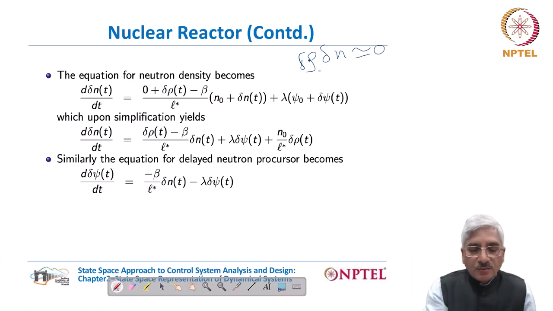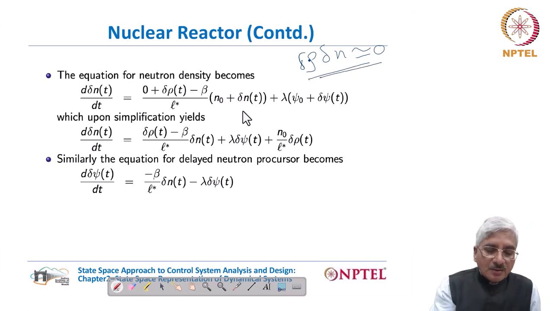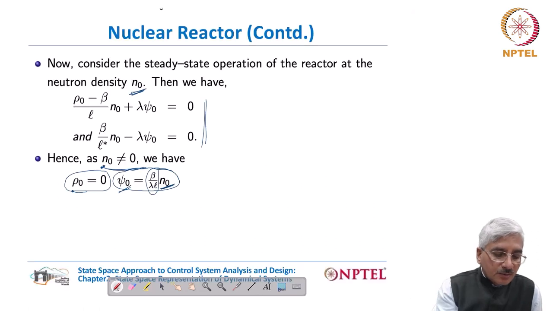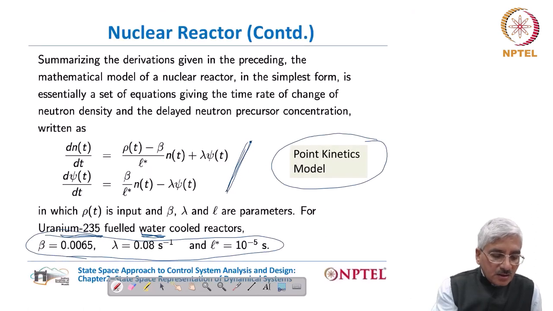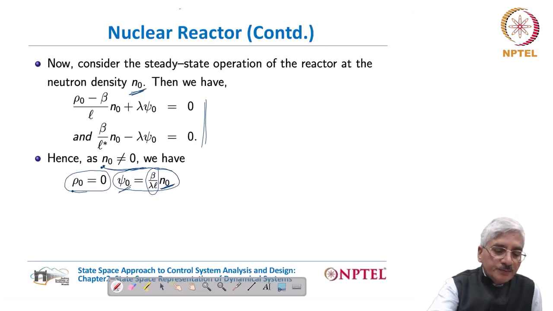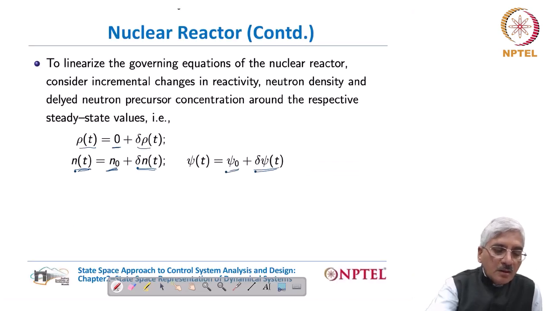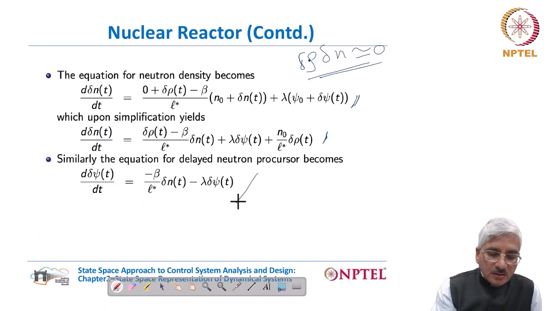So then this can be simplified as this, and the other equation, the delayed neutron precursor concentration equation, which was here, can be simplified as this.